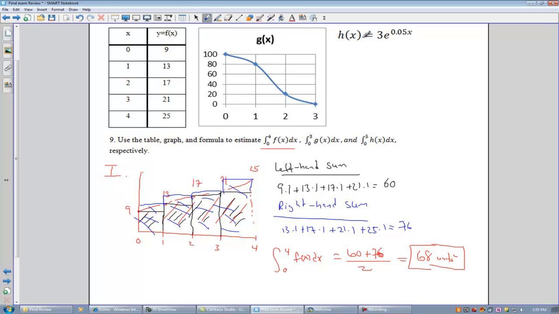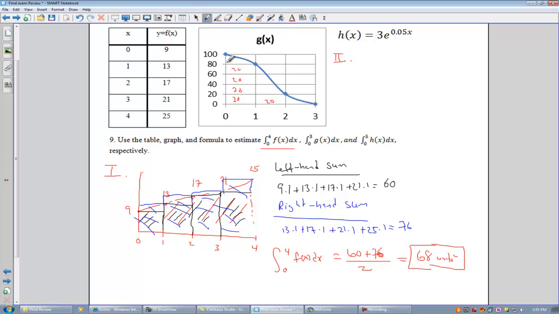Now, using the graph is really simple. So let's do it right here. Number 2. Using the graph, the idea is you count up all these rectangles here. Each of these rectangles has area 20. So that's 20, that's 20, that's 20, that's 20, and this one's 20. Now we have to be a little bit careful when we add these together.